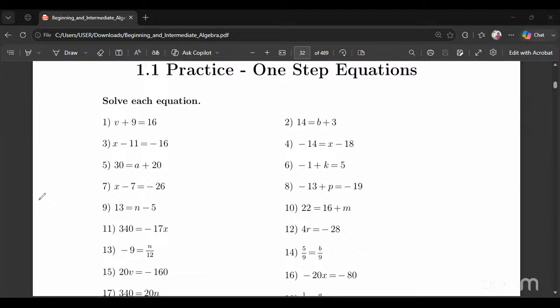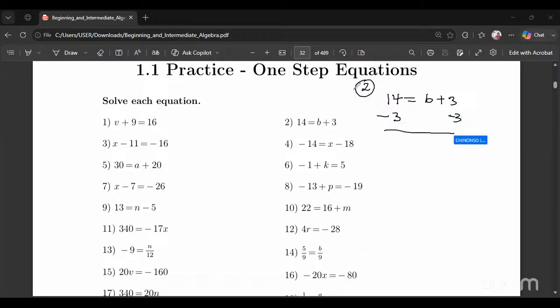To isolate the unknown, which is b here, all we have to do is subtract 3 from both sides. So this is saying 14 is equal to b plus 3. I want to isolate the unknown, that's b. So first, like I said, I subtract 3 from both sides, just as Michael had done.